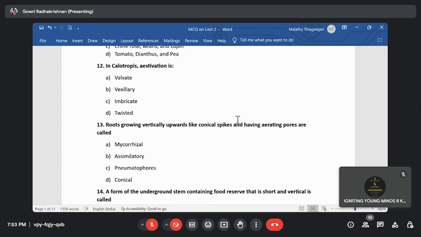I'm just requesting, if you really want to benefit from this session, that you go through the chapter once before you come to the class, so that when we do this, you will be more reinforced with the idea and concept, and it will be more stable in your mind. You understand?